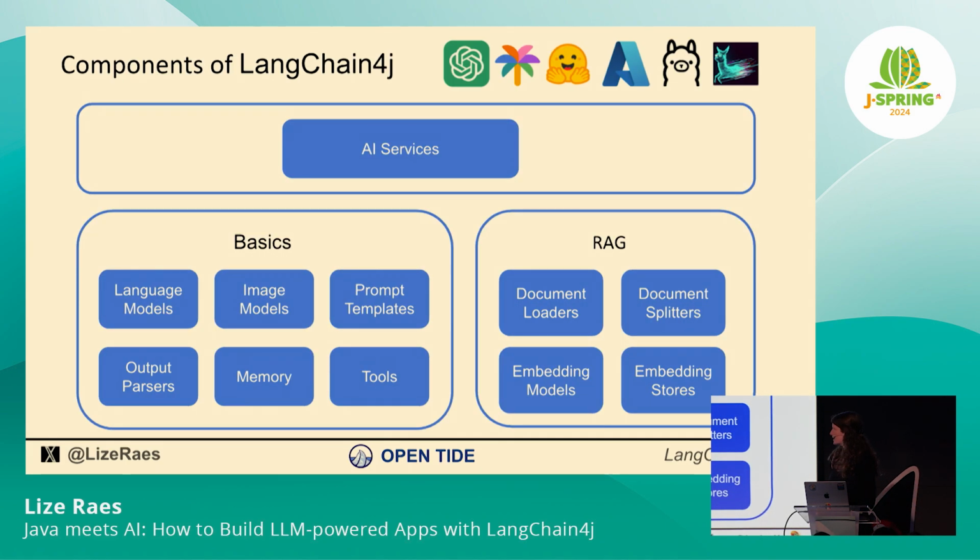Now, in LangChain4j, we have the following components. So we have the basic components, which are language models, of course, but we also support image models, and we hope to have sound models coming soon. We have prompt templates that make it easier to juggle around with all the strings. When you work with LLMs, you will be typically adding similar things around your original question every time, like be concise, or you're a professional developer explaining to somebody that already knows Java.